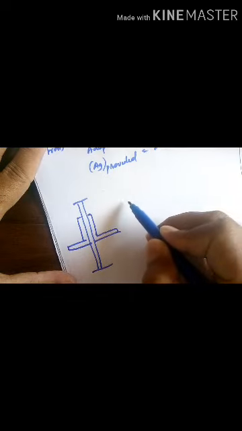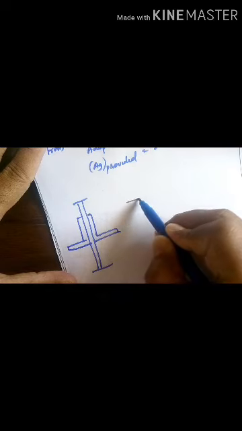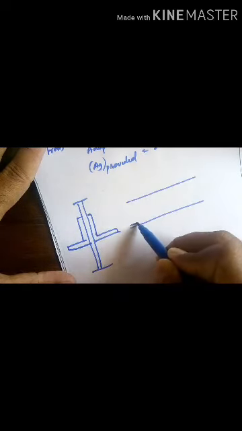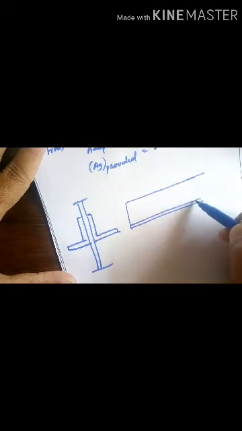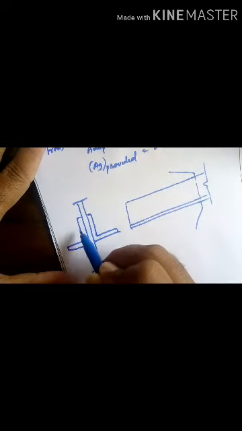Then draw the longitudinal section. Still we don't know how many bolts need to be provided. So next we need to calculate the number of bolts.